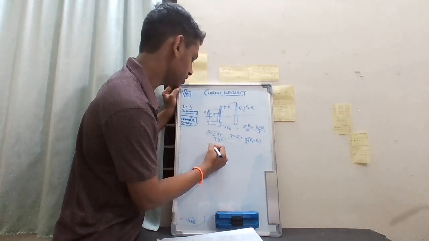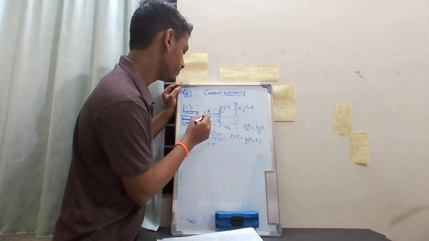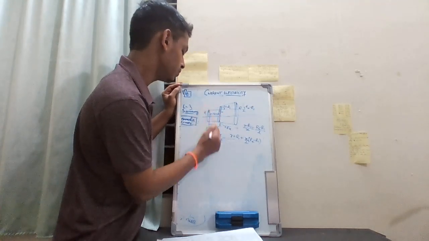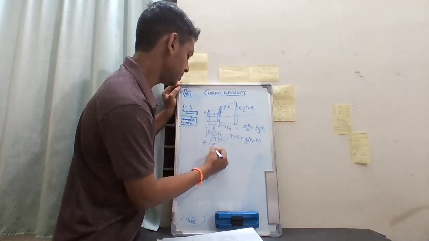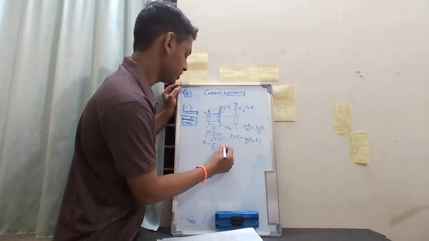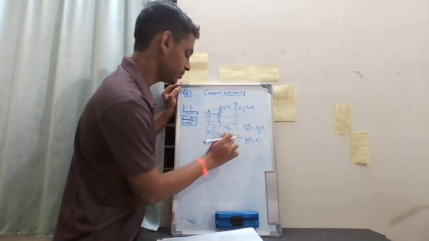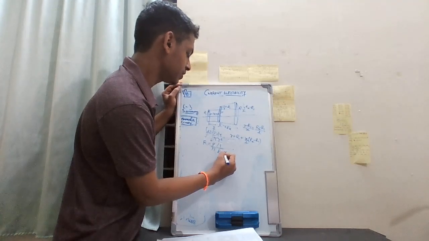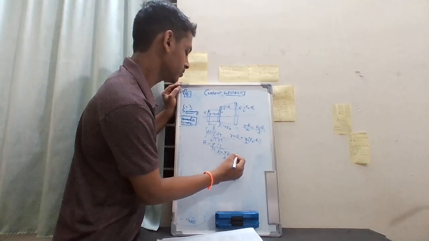We integrate in terms of x, so we go from 0 to L. So R equals rho by pi times the integral of 1 by r square, but we have to write r in terms of x, so r is R1 plus x by L times (R2 minus R1).